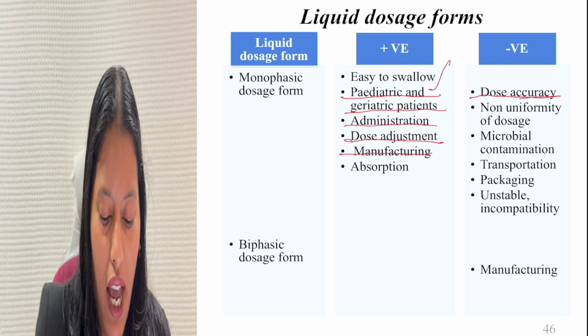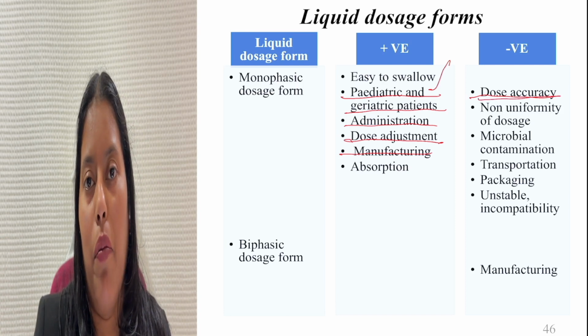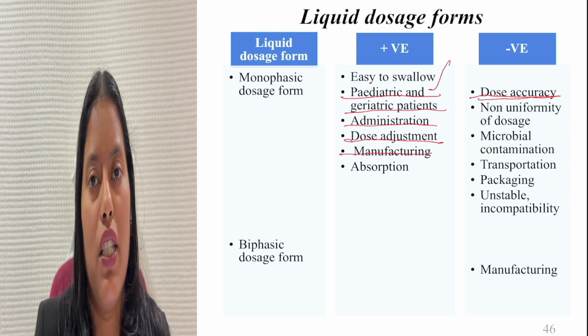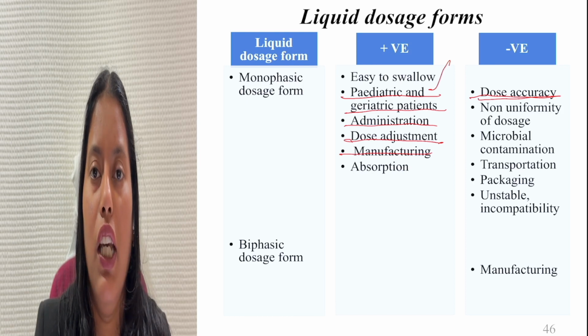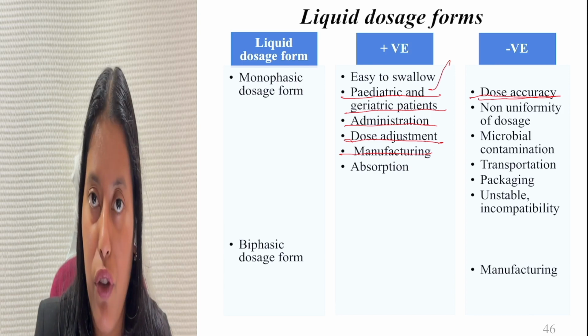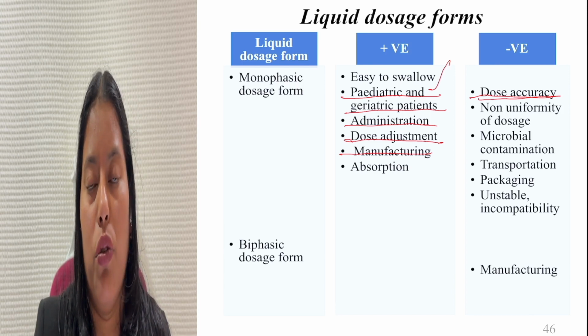First is dose accuracy. With tablets and capsules, an individual tablet or capsule is given to the patient, packed into a strip or blister. But in case of liquid, you have a spoonful to be given, or 5 ml, 10 ml, like that the dose is set.